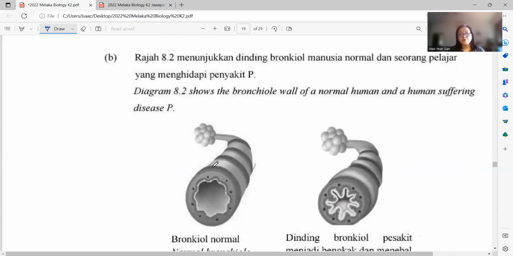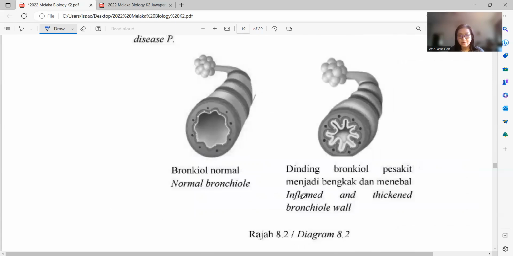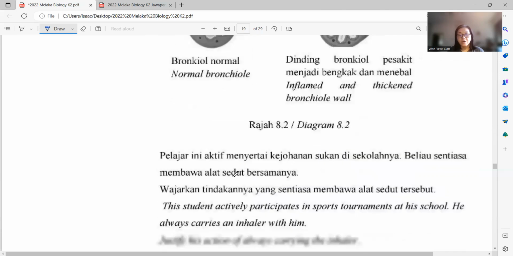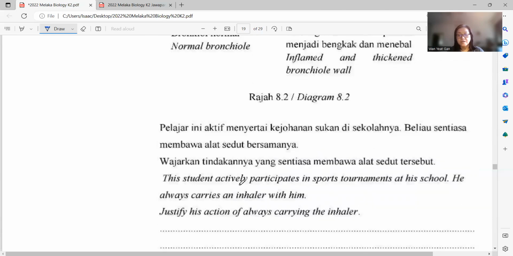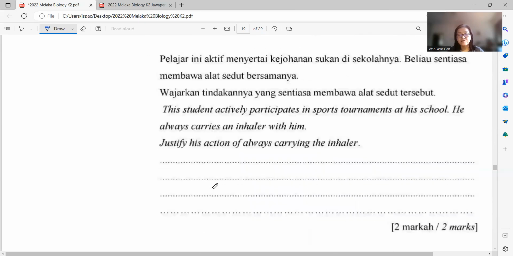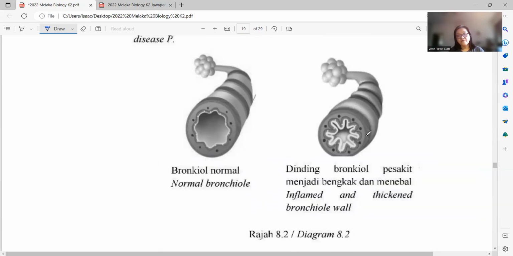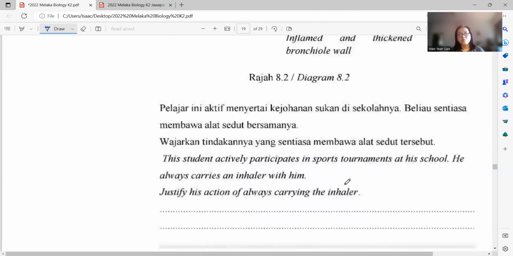Diagram 8.2 shows the bronchial wall of a normal human and a human suffering from disease B. So you have a normal bronchial and also an inflamed and thickened bronchial wall. The student actively participates in sport tournaments at his school. He also carries an inhaler with him. Justify his action of always carrying the inhaler. Now, the inhaler is necessary for him because of the inflamed and thickened bronchial wall.